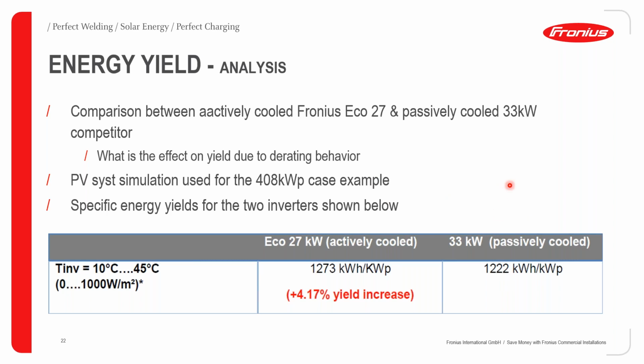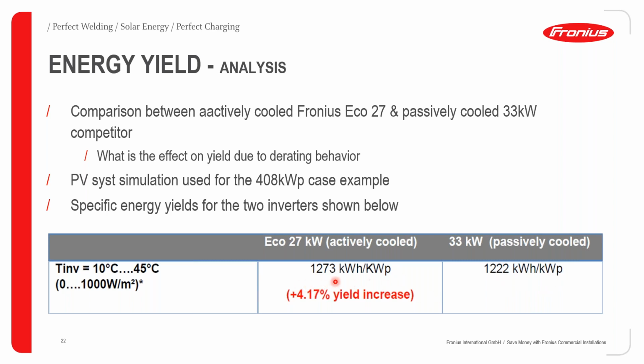And we can see very specific energy yield data for the two inverter types. With the Fronius Eco, we have about 1,273 kilowatt hours per kilowatt peak installed. And for the passively cooled device, we can see there is a slight difference of 1,222 kilowatt hours per kilowatt peak installed.